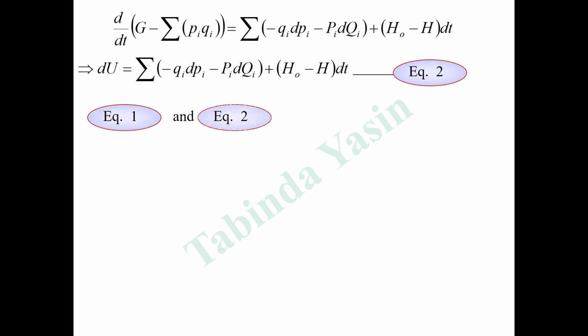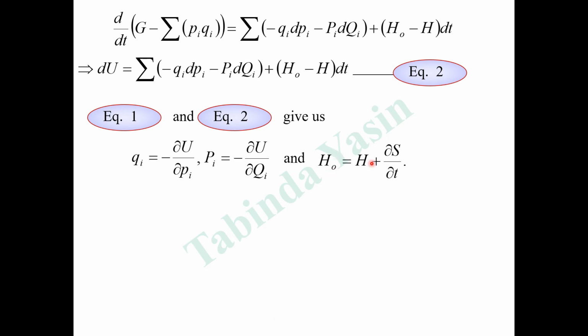Equation 1 and equation 2 give us small qi is equal to minus partial U over partial small pi, and capital Pi is equal to minus partial U over partial capital Qi, and H naught is equal to H plus partial U over partial t. That is the solution of the problem.